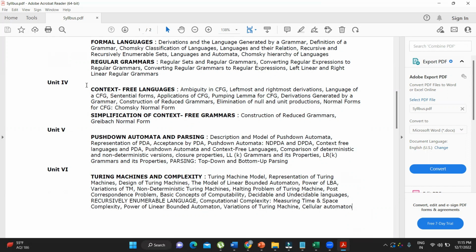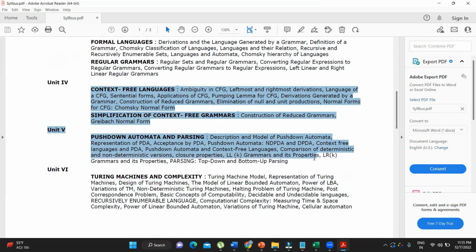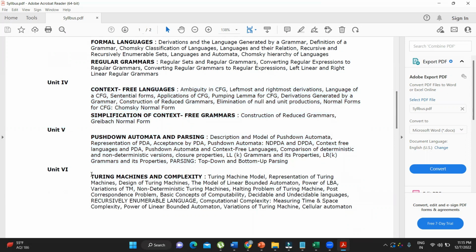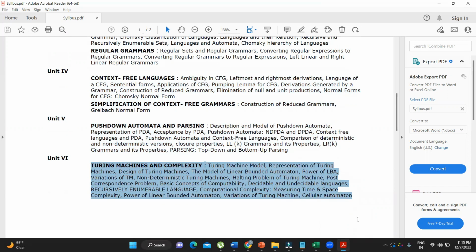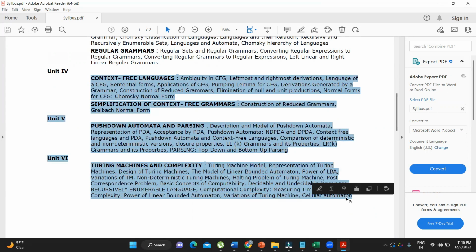But the problem in this particular subject is that every unit is linked with one another. For example, unit number 4 is linked with unit number 5, and unit number 5 and unit 6 are also very linked. So if I say that there will be 15 questions from unit 4, 15 from unit 5 and 15 from unit 6, it may be true, but it is not always.